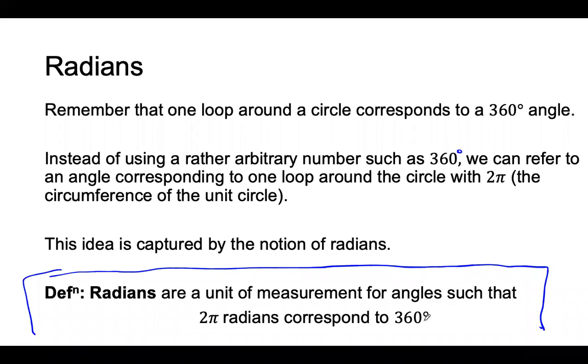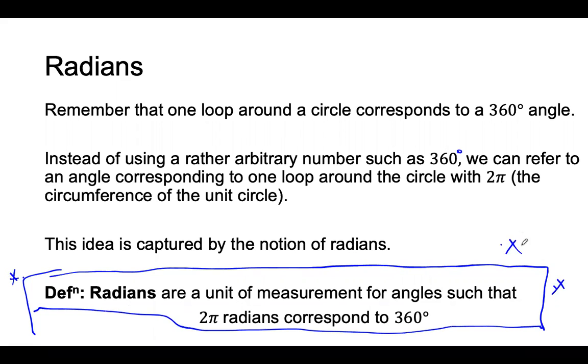So 2 pi radians corresponds to 360 degrees. So save your brain power and just remember this definition, and you can derive everything from this. So 2 pi rad. I'll explain what radians are a little bit.